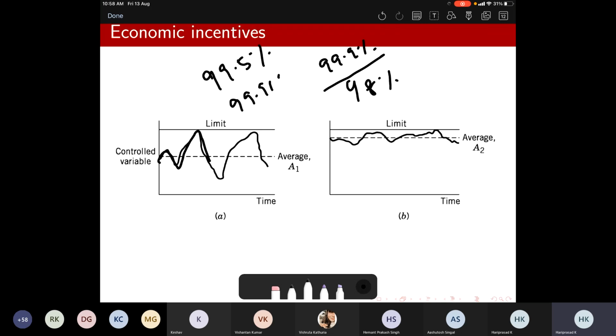If you don't have a control, you tend to operate in a larger variability, but if you place a control on the top, it should have lesser variability, because the less variable output always has more market demand. Otherwise, people would say your production quality is not good. You have not tightened anything. People say that your production is fluke. Sometimes it is giving something, sometimes something else.